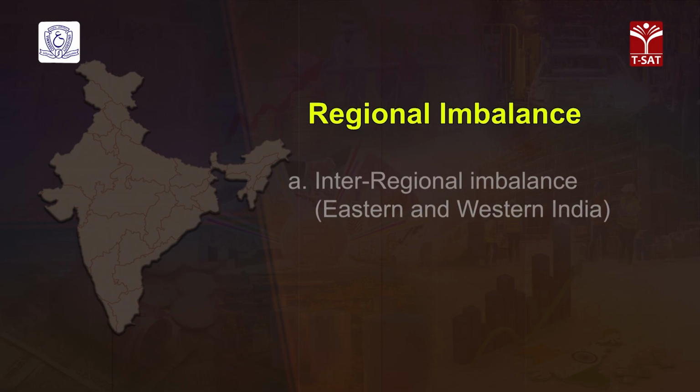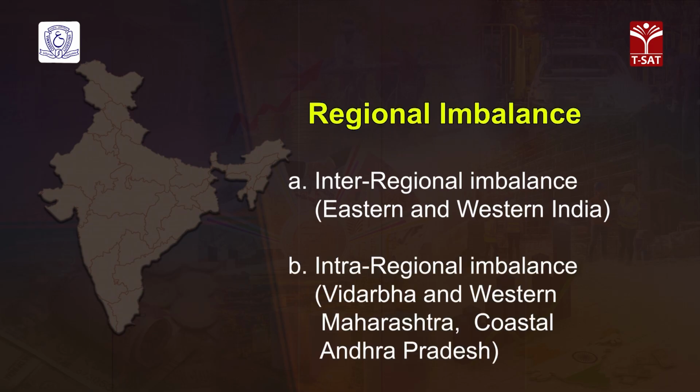Regional imbalance can further be classified into: A. Inter-regional imbalance, Eastern and Western India, B. Intra-regional imbalance, the Vidarbha and Western Maharashtra; coastal Andhra Pradesh is more developed compared to the others.